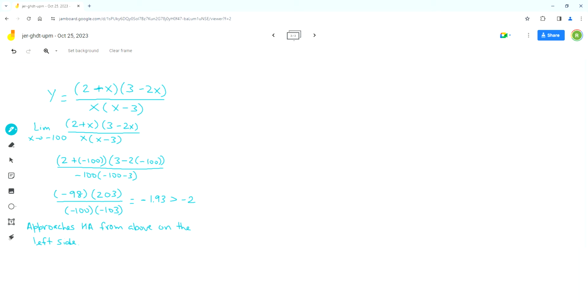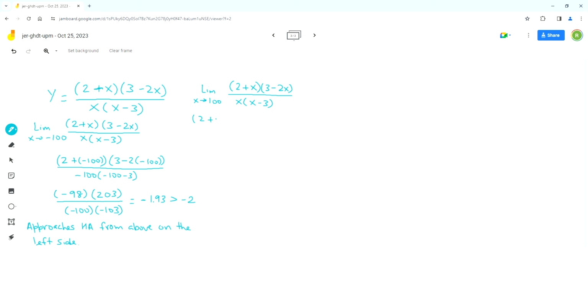Now we can do the analysis on the right side. So for that we can use limit x approaches positive 100, so 2 plus x, then 3 minus 2x over x times x minus 3. So now we can apply the limit.